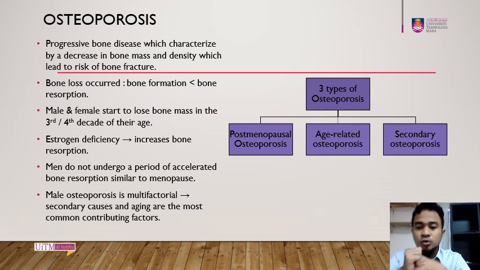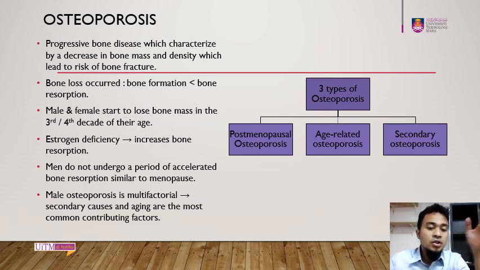Later we will go through how estrogen plays a vital role in preventing or slowing down osteoporosis. Men do not undergo a period of accelerated bone reabsorption similar to menopause. For the female, they can have both. For the male, usually we only have age-related, but we put this aside, because secondary osteoporosis is regardless of gender.